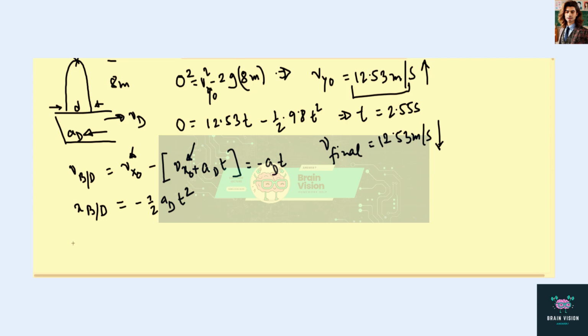So at the time of the catch, the displacement is this term, that is negative half times ad, which is negative 0.3, times the time, which came out to be 2.55 seconds, squared. So that will come out to be 0.98 meter.